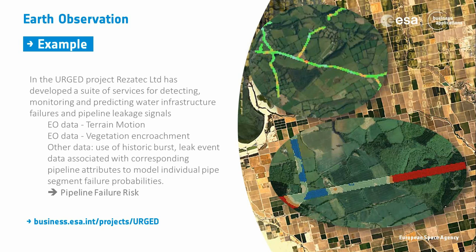So each individual pipe segment can be modeled, and with the Earth observation data extracted before, you can have an index of the pipeline failure risk. So this is just an example of simple information that is integrated in a more complex way to address the needs of the customers. And you can find the information on this project in the web link that you see here at the bottom of the slide.